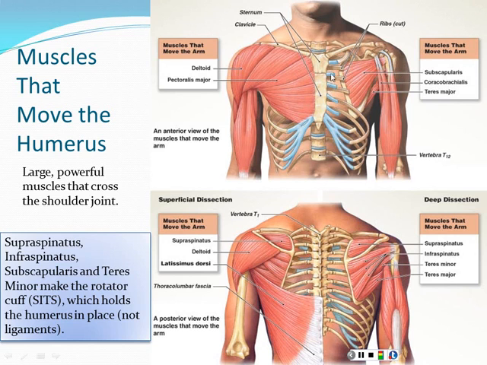So like the subscapularis, it's called that because it's on the front of the scapula. Sub is below. The supraspinatus and infraspinatus are named according to their relationship to the spine of the scapula. So the supraspinatus is above, and the infra, meaning below, is below the spine of the scapula. And then the teres minor, teres just means round.